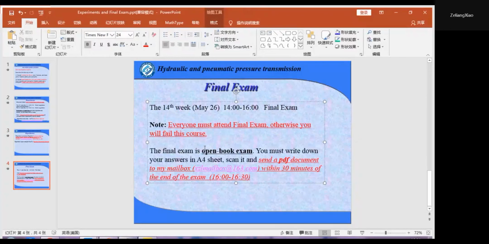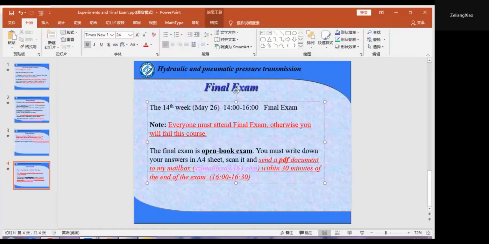And this final exam is an open book exam. You must write down your answer on A4 sheets and scan it, then send a PDF document to my mailbox within 30 minutes of the end of the exam.